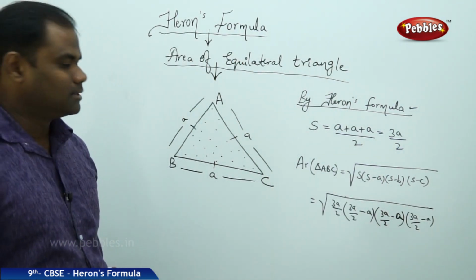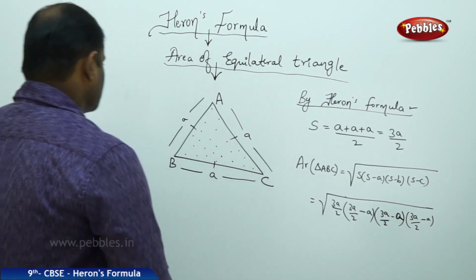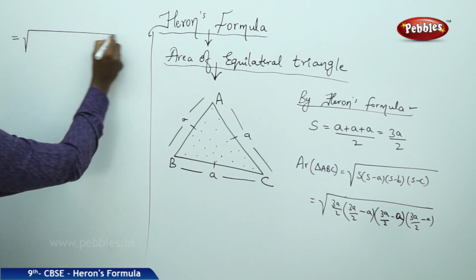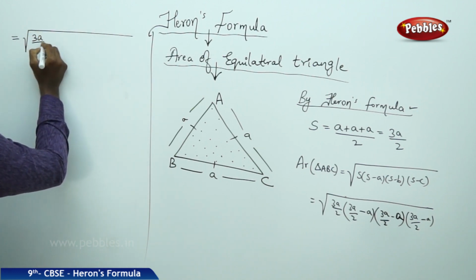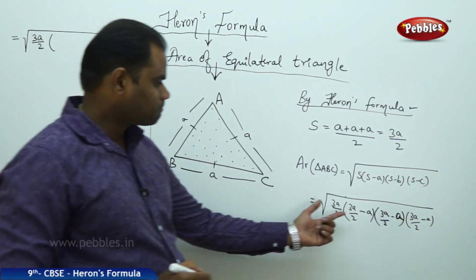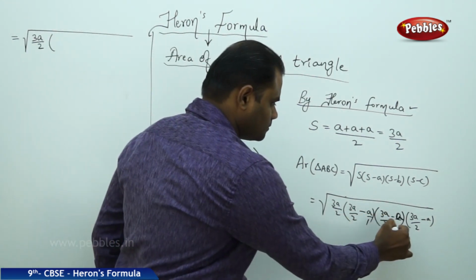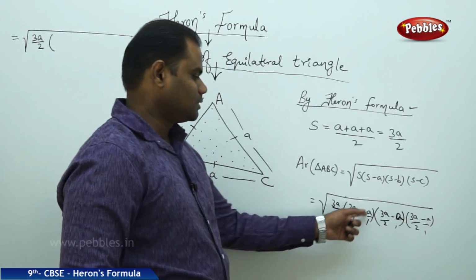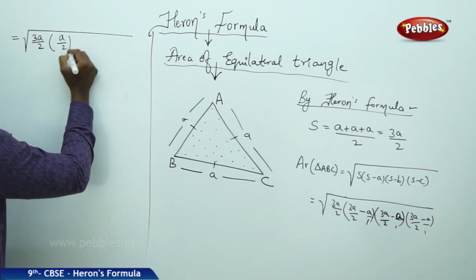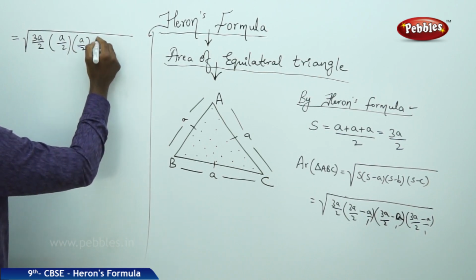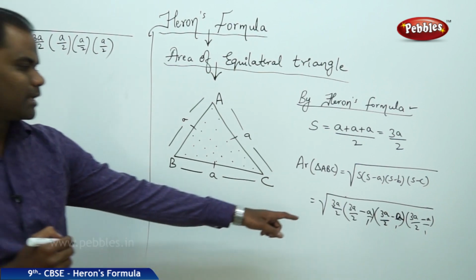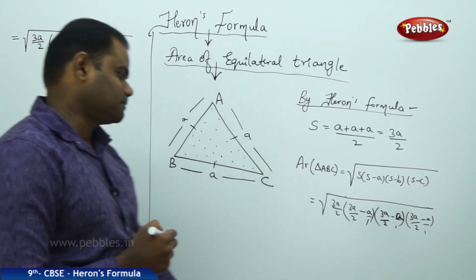Now on further simplification, I get this to be root of 3A by 2 times, I take the LCM of each of the terms. So this becomes 3A minus 2A, which is A by 2 times A by 2 times A by 2 is what I get for each of the terms.